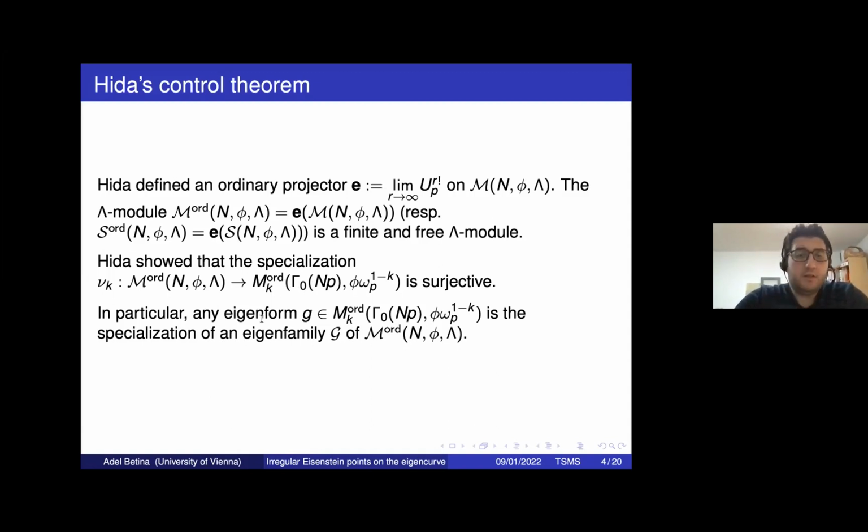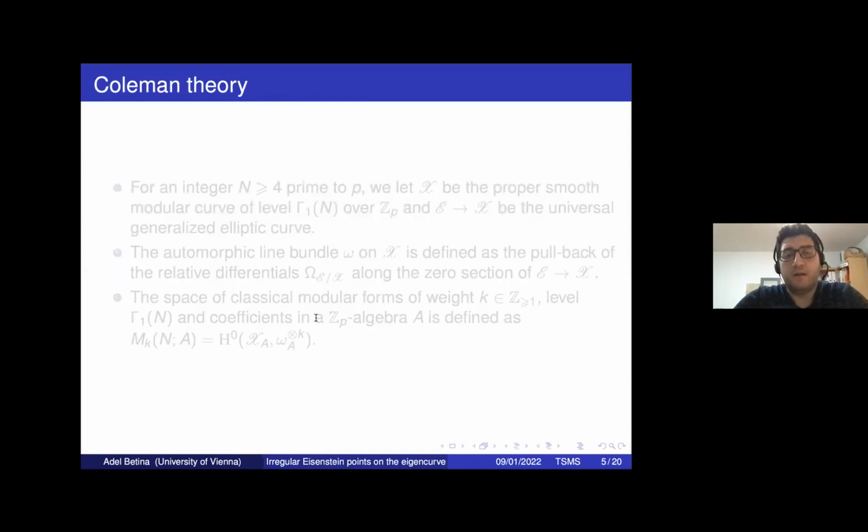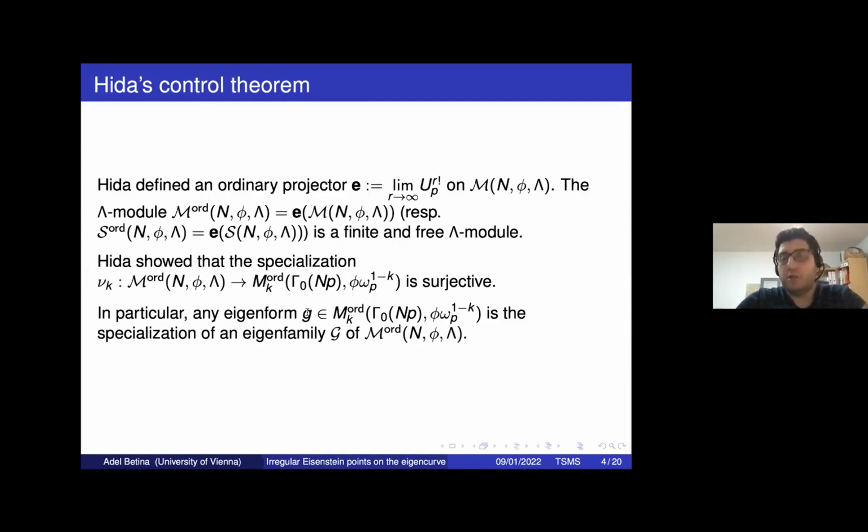And this is quite nice because if you can lift an eigenform to an eigenfamily, you can then deform the Galois representation attached to your modular form and also all the arithmetic invariants related to your modular form. But ordinary is a little bit restrictive, not too much, but you have few examples of eigenforms which are not ordinary.